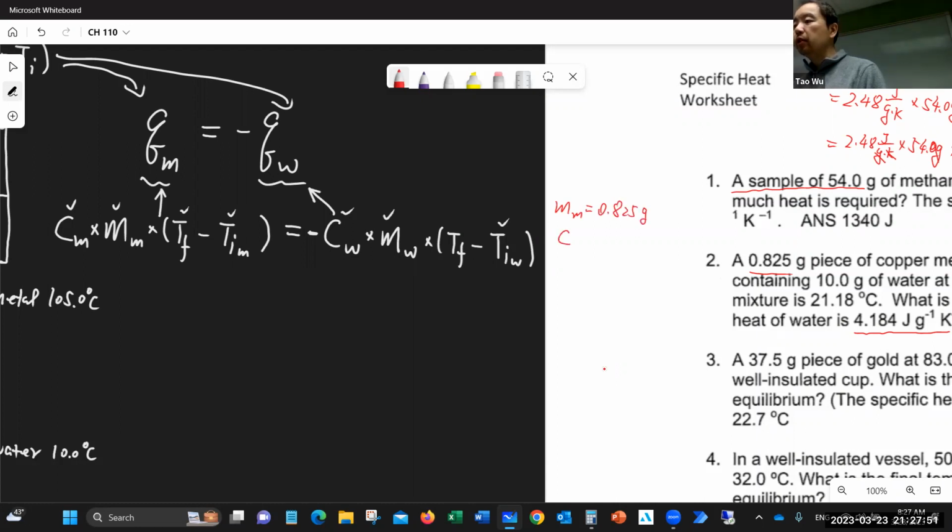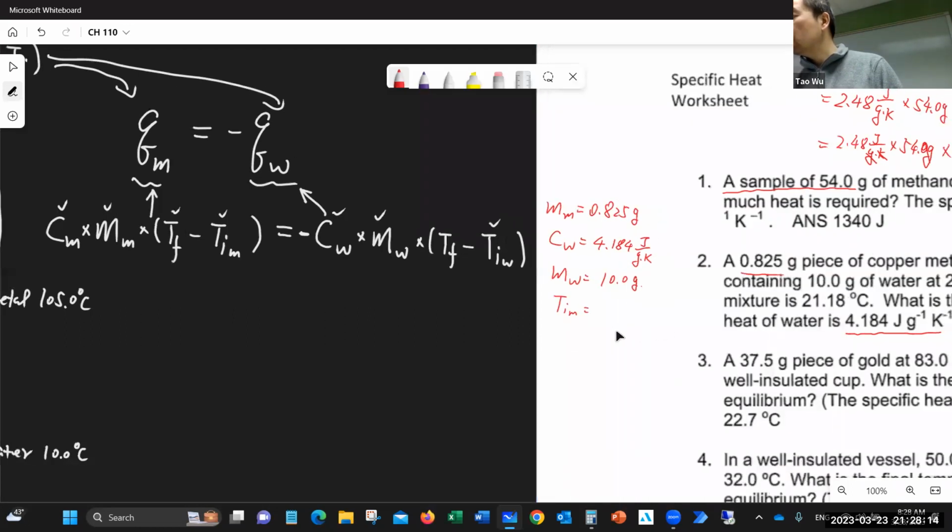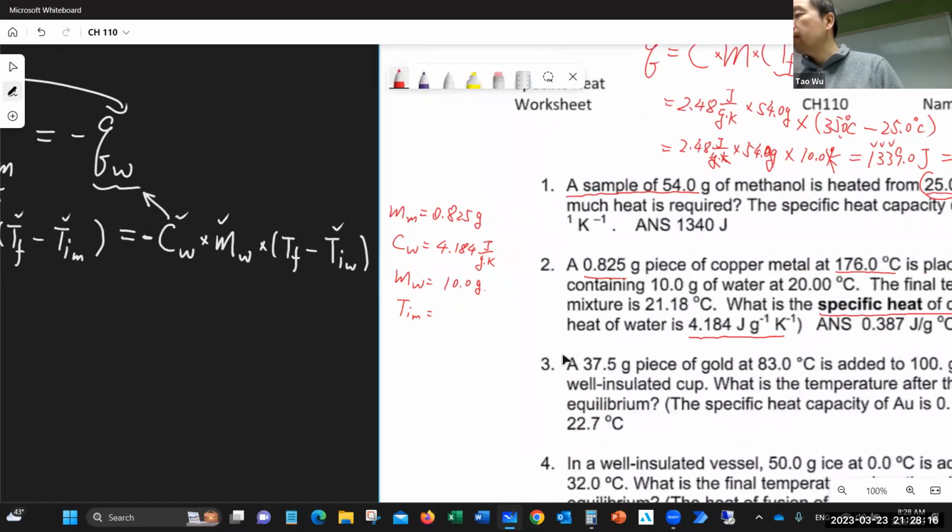And the specific heat of water we also have, 4.184 joule per gram per Kelvin. And the mass of water we also have, which is 10.0 gram. And the initial temperature of the metal. What is the initial temperature of the metal? 176.0.